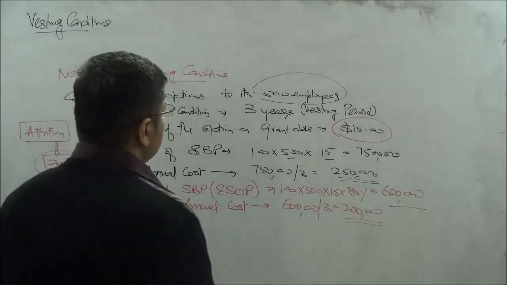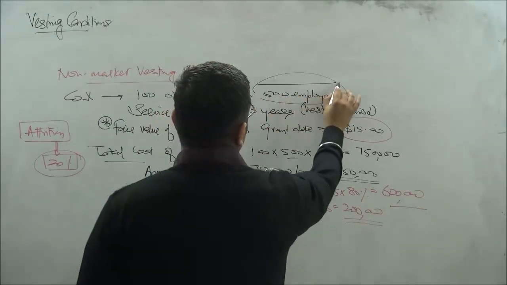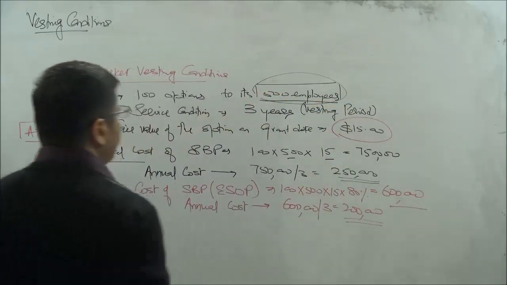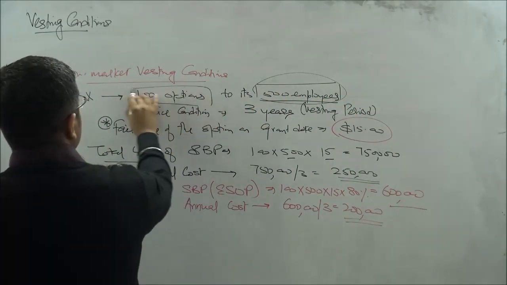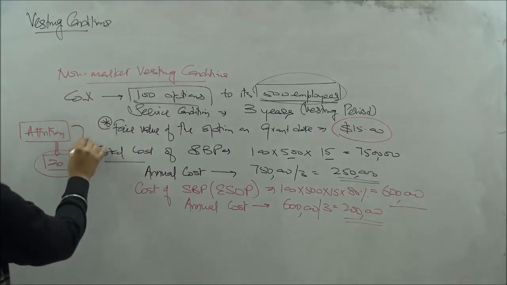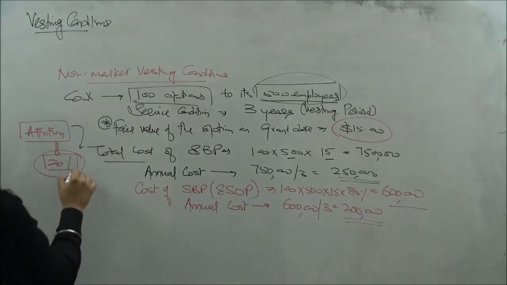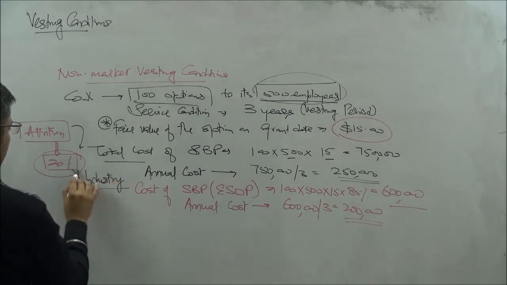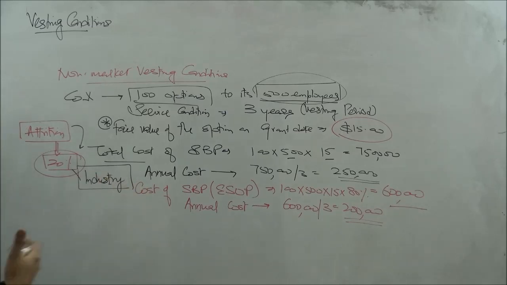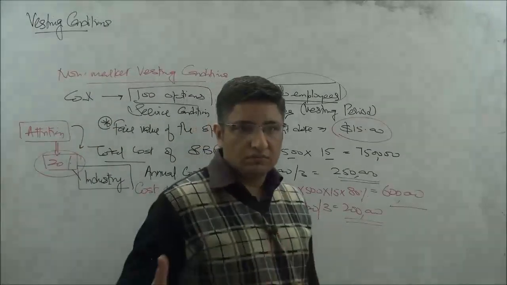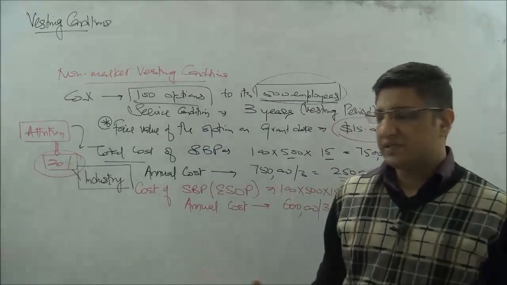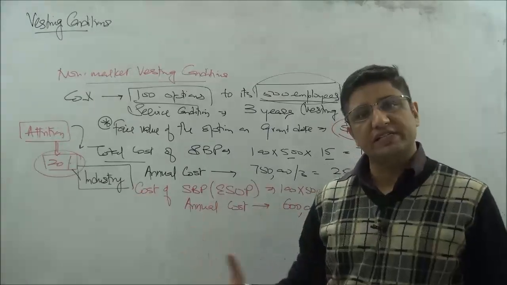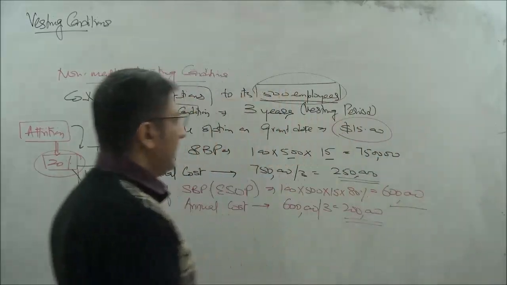Of course, the fact remains that the 500 employees, with 100 options, how many people would discontinue? Now this depends on the industry. A very fast growing industry may witness a higher turnover of people, whereas a more stabilized business, more consistent business, saturated businesses do not really see a need for a higher attrition rate.